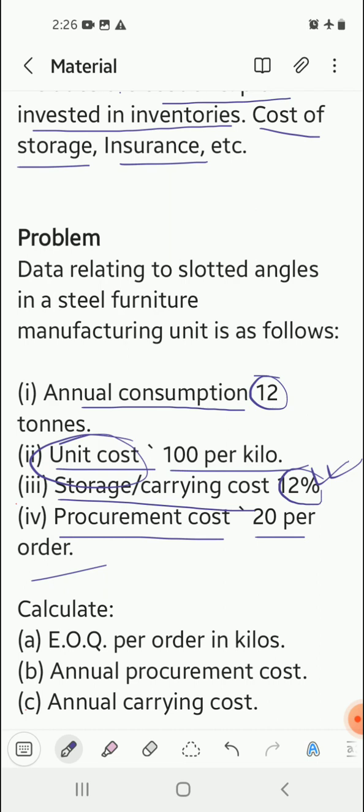Now from here we have to find out the economic order quantity.